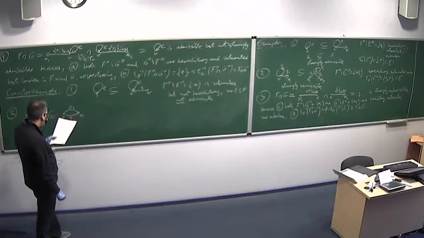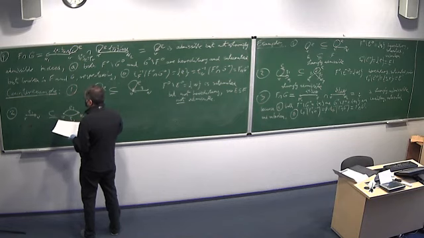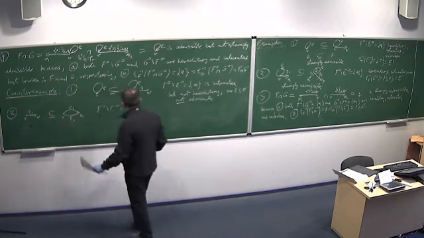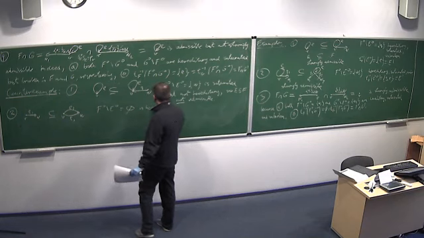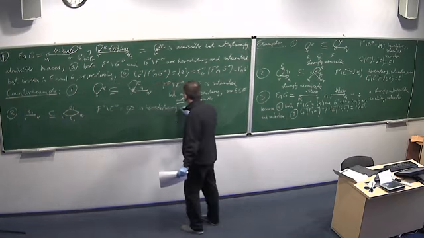Note that here F naught less E naught is an empty set. So it is everything: hereditary and saturated.